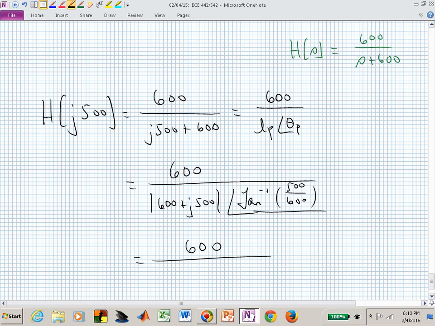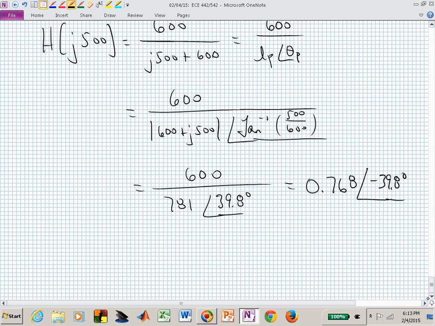If we computed this, we would end up with 0.768 at an angle of minus 39.8 degrees, which now allows us to write down V sub 0 steady state of t as 2 times 0.768, which is a little bit more than 1.5, cosine of 500t minus 39.8 degrees.